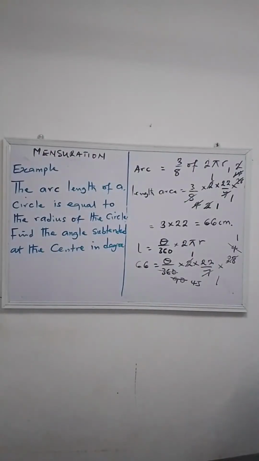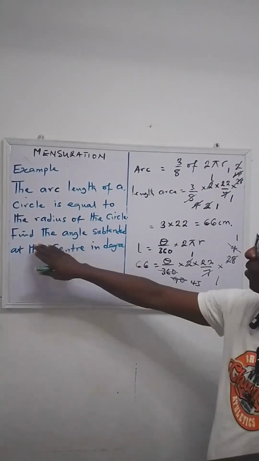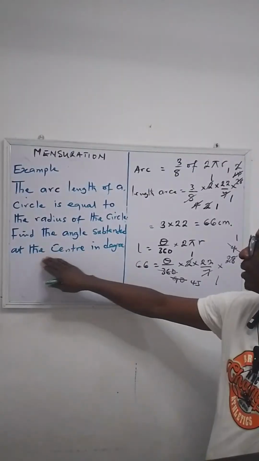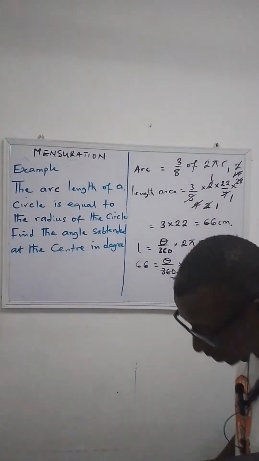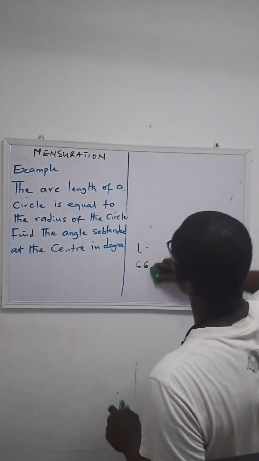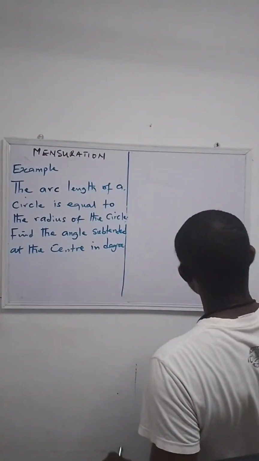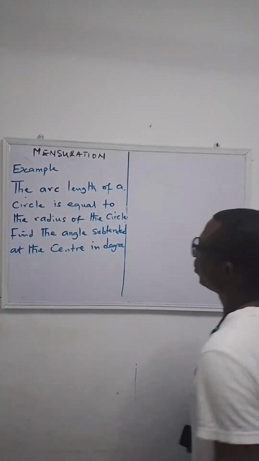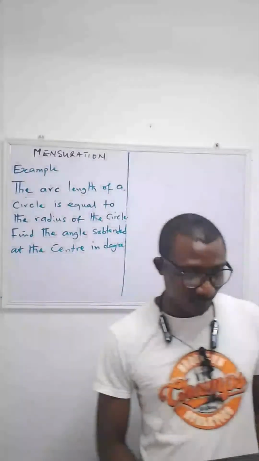The arc length of a circle is equal to the radius of the circle. Now find the angle subtended at the center in degrees. So that is the question. Let's try that question and let's see what we have for that. So what is the angle subtended at the center in degrees? Now let's try it.